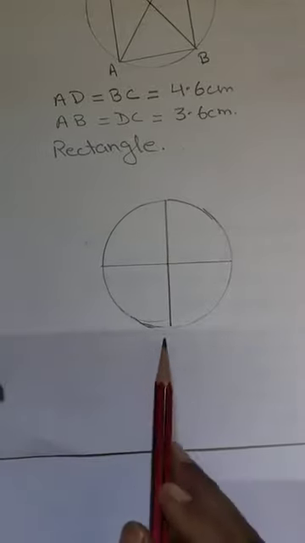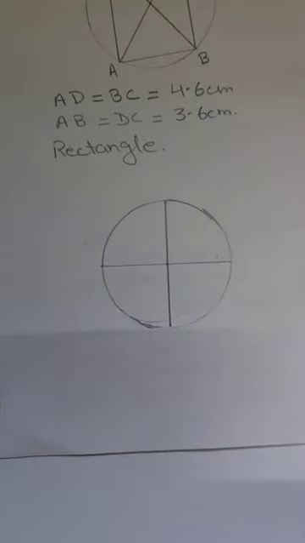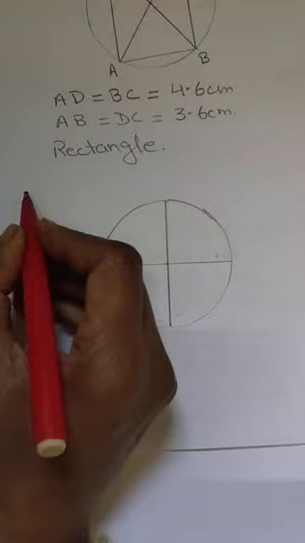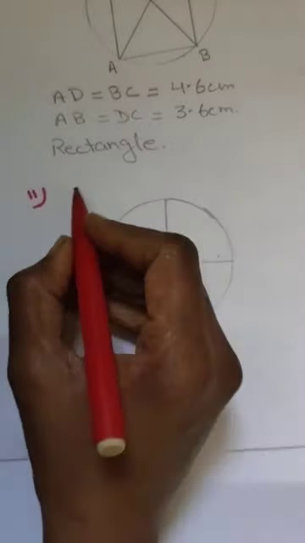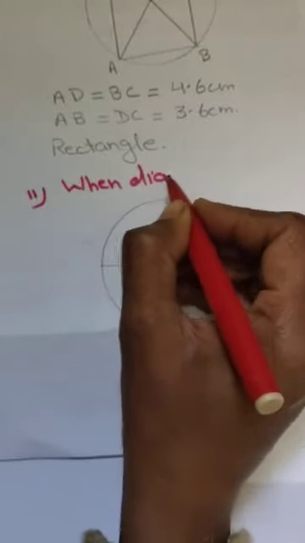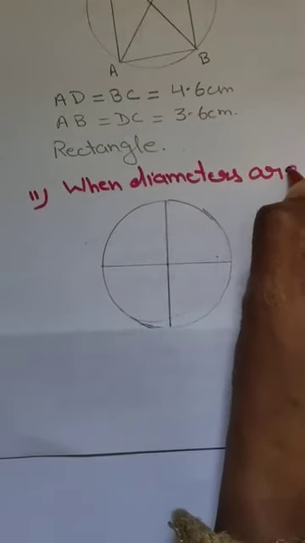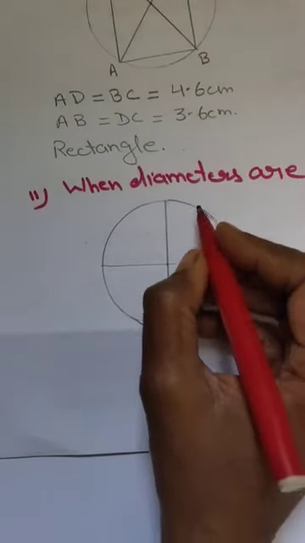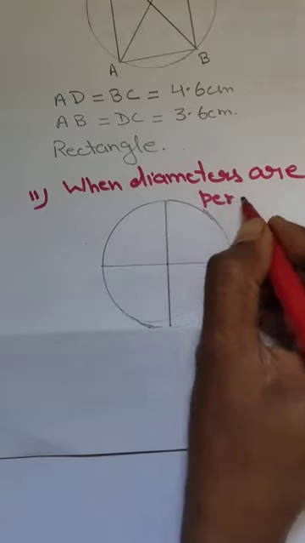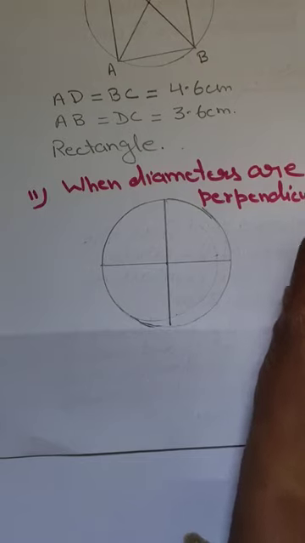See now, this is a circle and I have made two diameters in such a way that they are perpendicular to each other. Let us give heading first of all. This is the second part. When diameters are perpendicular.